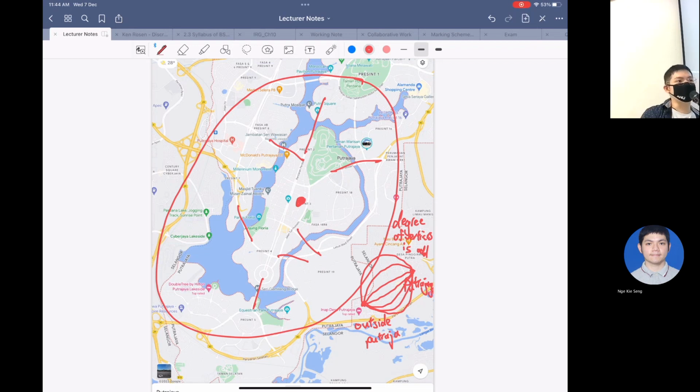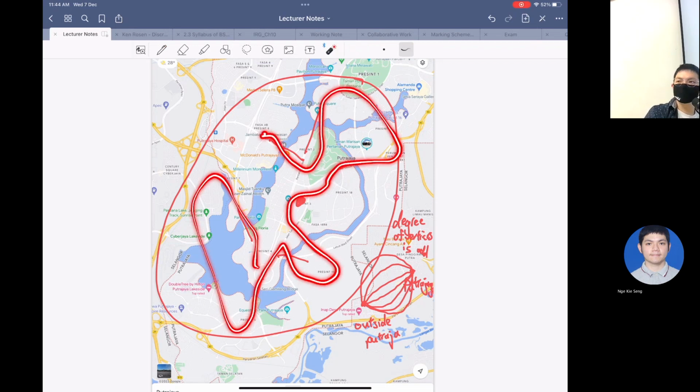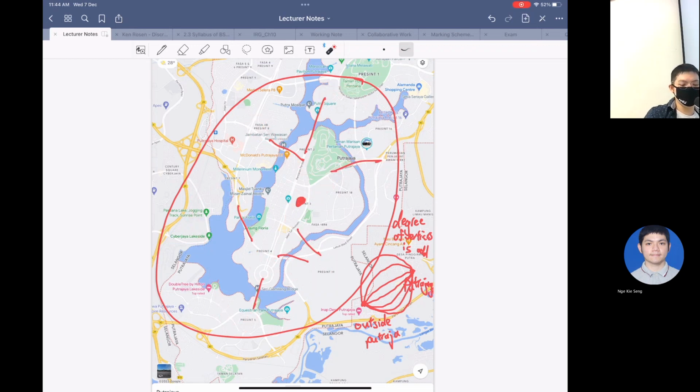You can pass through all the bridges once, but you cannot come back to the same point. If you walk all the bridges once, you end up either outside Putrajaya or inside Putrajaya.